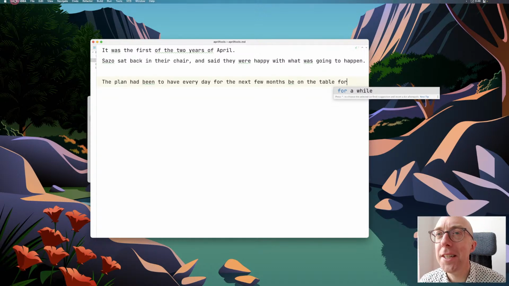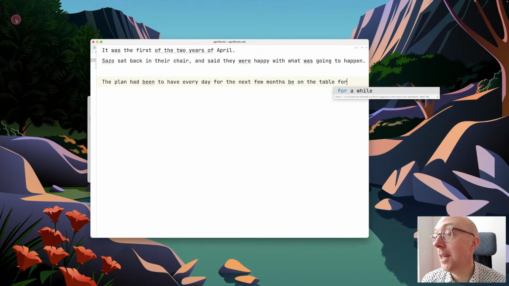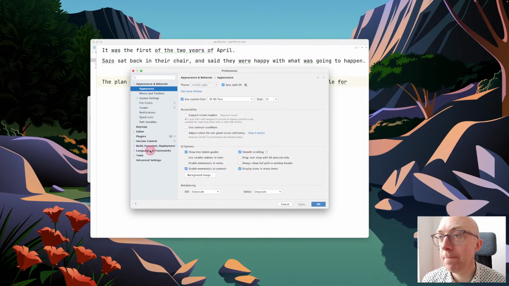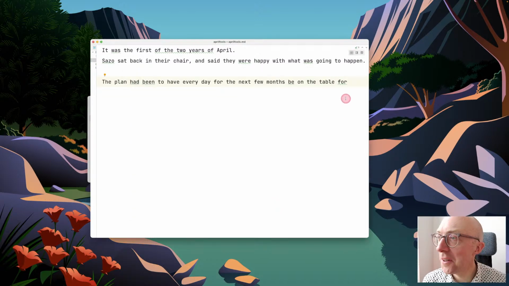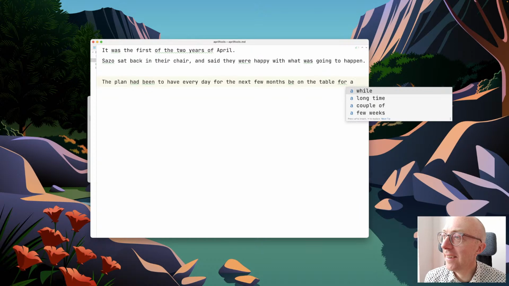I don't know if there's anything to change that, but I think that would probably involve the cloud service, which isn't working yet. Otherwise, it could still read the local document. Limited functionality, yeah. I get the feeling that this is not really going to give us particularly interesting results, but we'll carry on. Be on the table for a while.